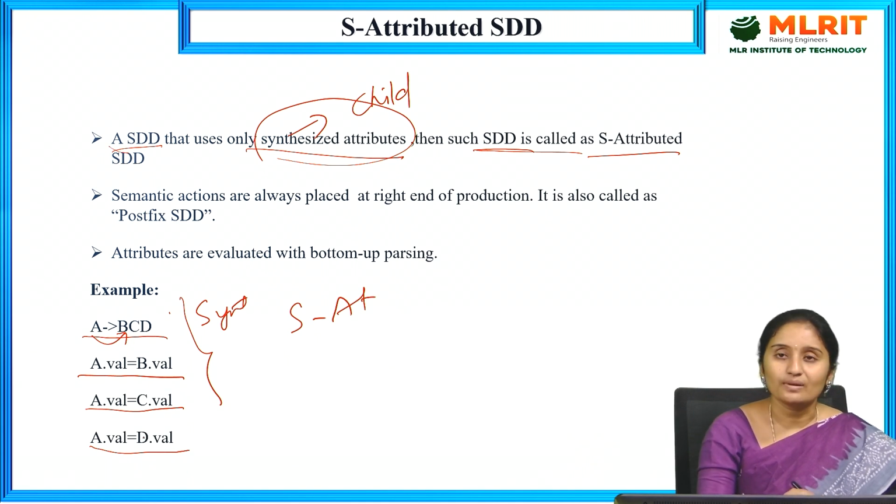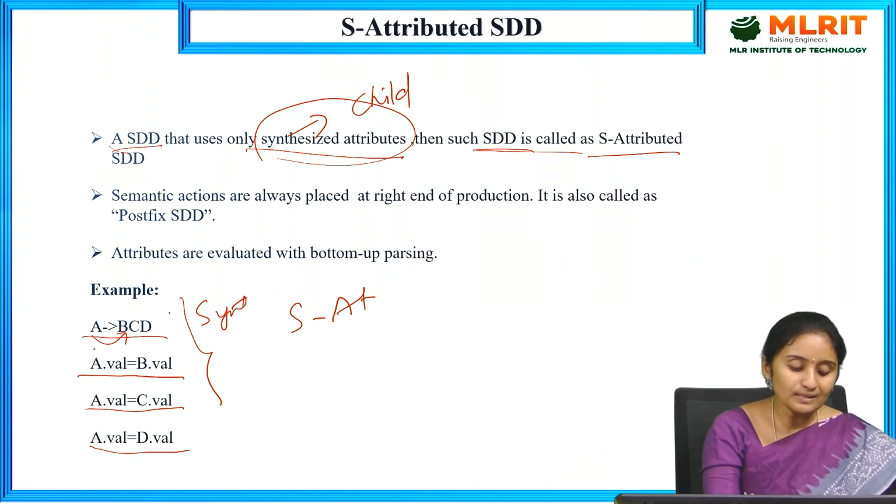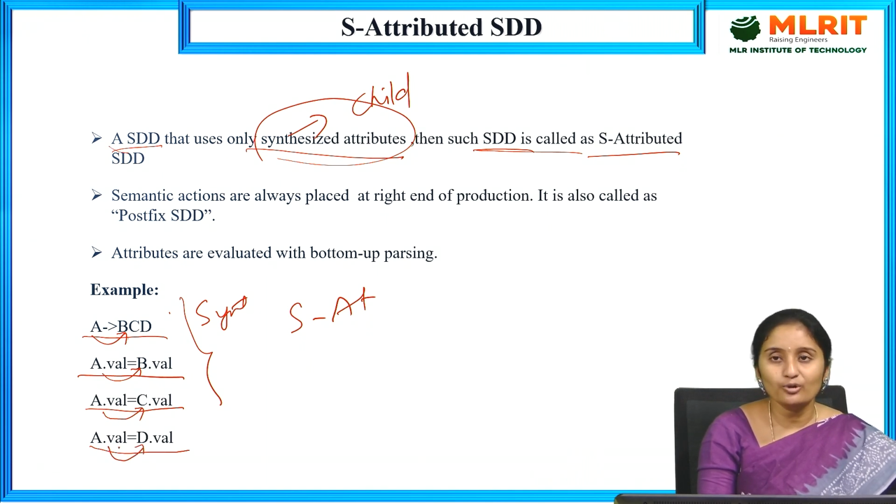It's satisfied in this example: A is the parent node, and B, C, D are the child nodes. A.val is taking the value from its child nodes B, C and D.